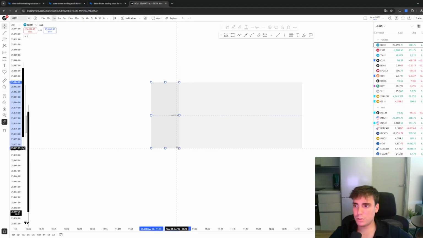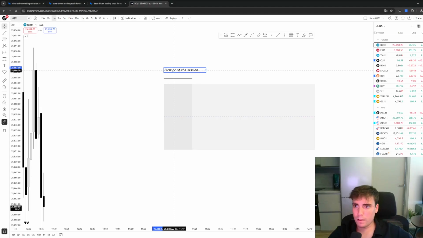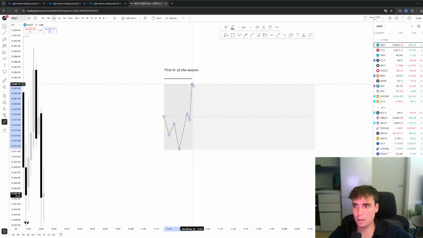It's generally used on NQ. So this portion over here is going to be the first hour, and price is going to leave a high and a low on this first hour.